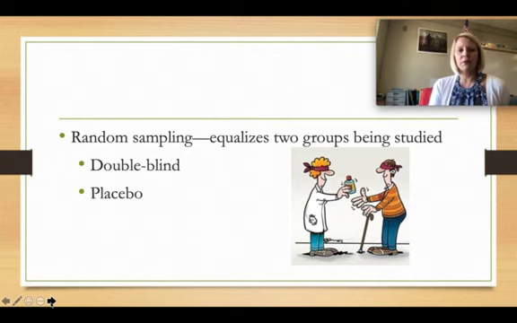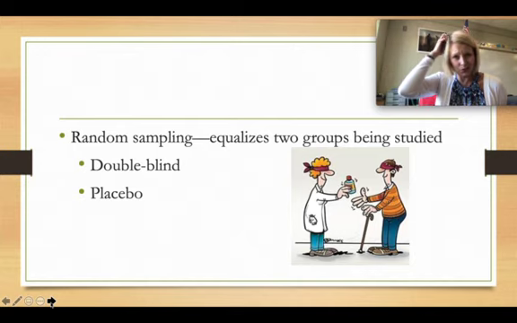Well, then the experimenter has to say, okay, so something's going on with our control group here, and they are actually getting a placebo, thinking it's the regular medication, and they're doing pretty well, so maybe this medication is not actually what we're hoping it would be.